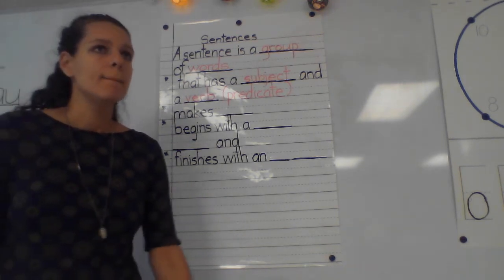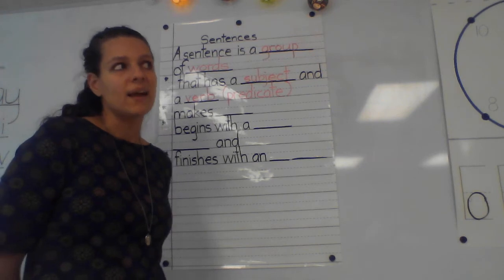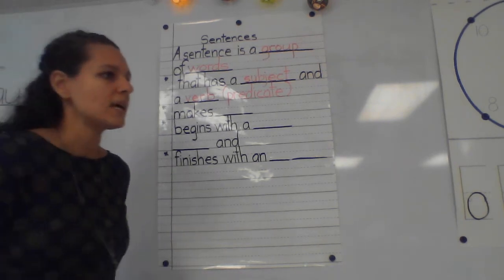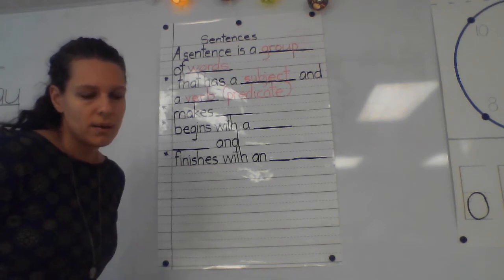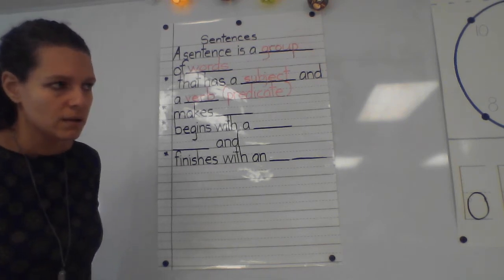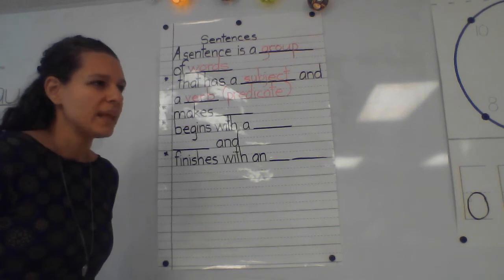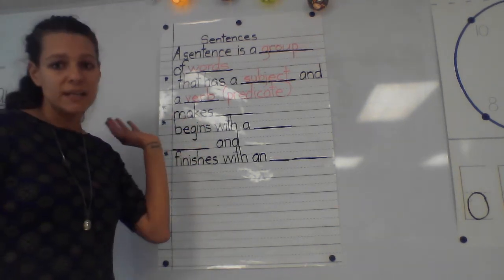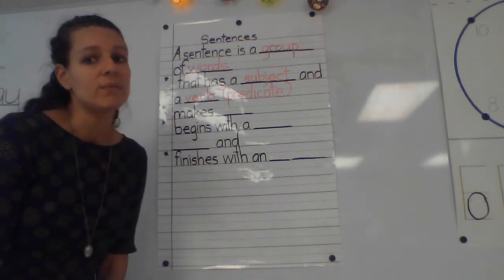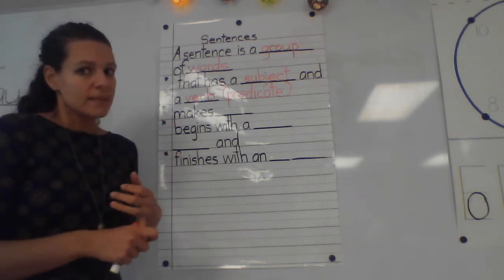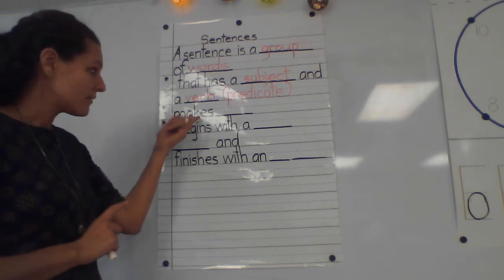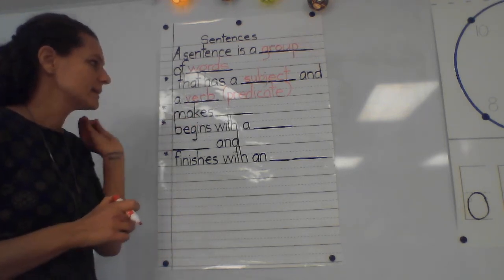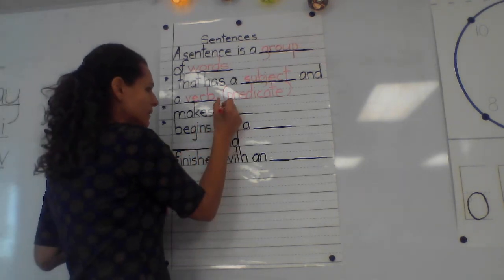Or if I said, Mrs. No quickly away from the angry bull, that wouldn't make sense. If I said, the bull quickly ran away from Mrs. No, well, it seems unlikely, but it's possible. But that's why we need to go back and read our sentence, right? If we leave out a word, then it often doesn't make sense. So it needs to make sense.